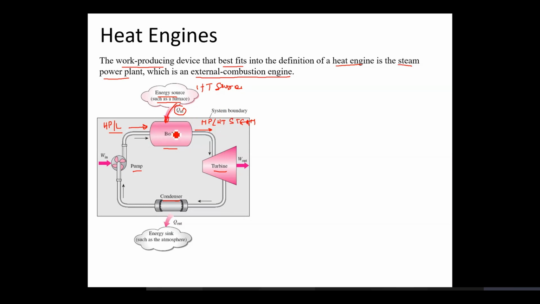As a result of the heat being transferred, the liquid phase of the fluid at high pressure converts into steam. Now, as this steam is about to enter into the turbine, the high pressure, high temperature steam has high enthalpy. And as the steam leaves the turbine, it leaves as low pressure, low temperature steam.